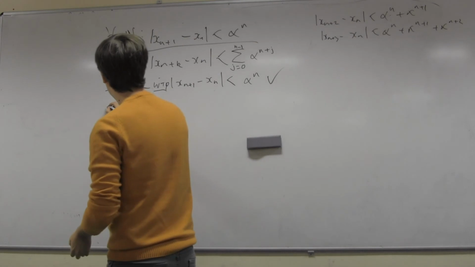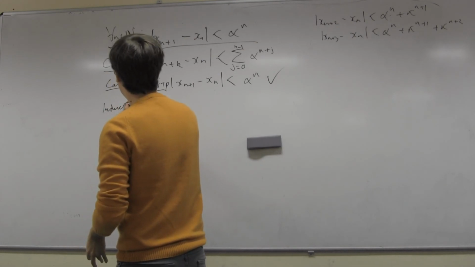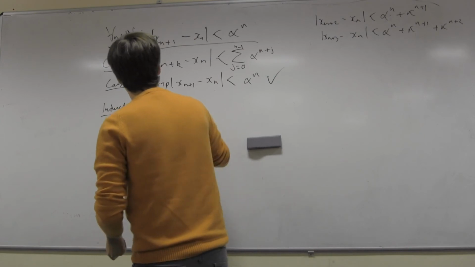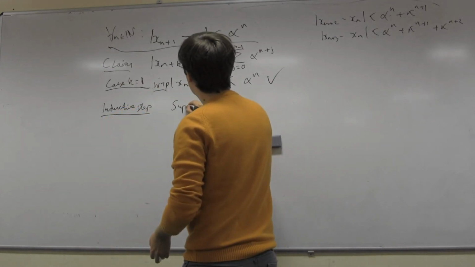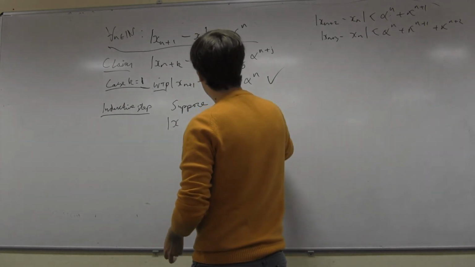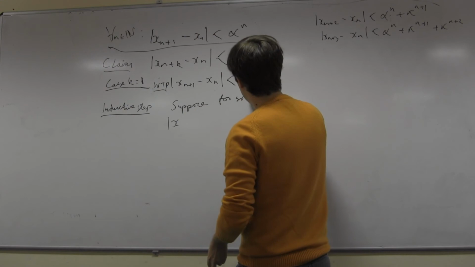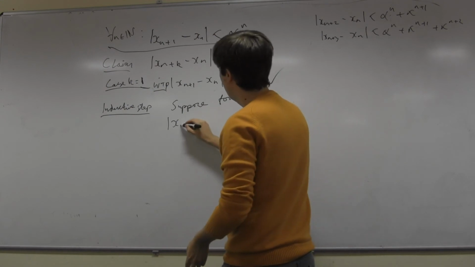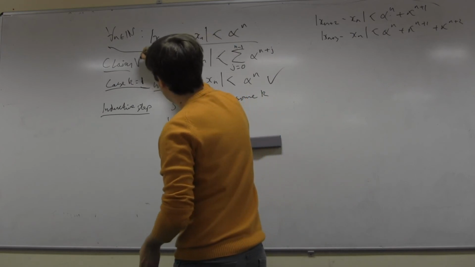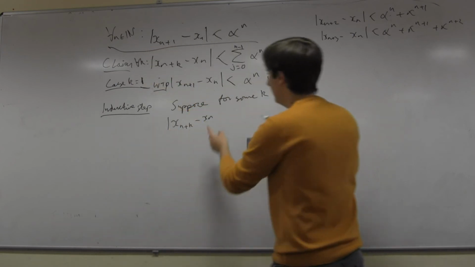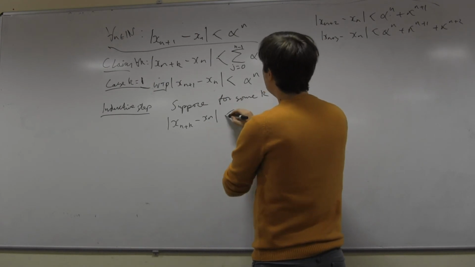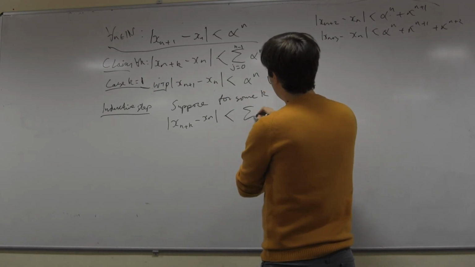So now let's look at the inductive step. Suppose that for some k, x_{n+k} minus x_n is bounded as claimed. The claim is that for all k this is true; now we're just supposing that for some k it's true.